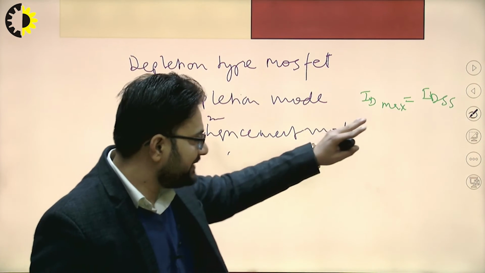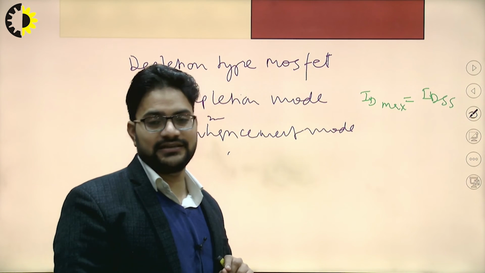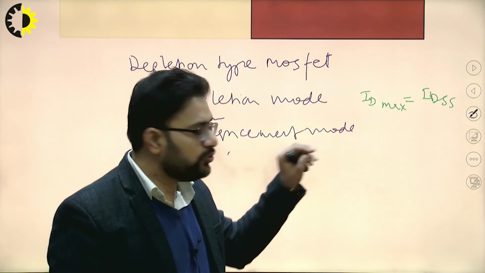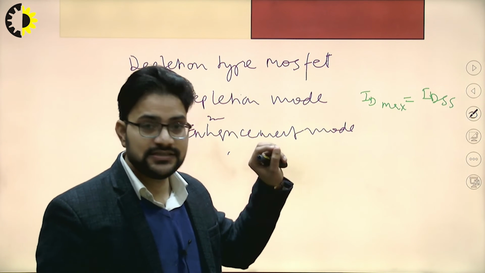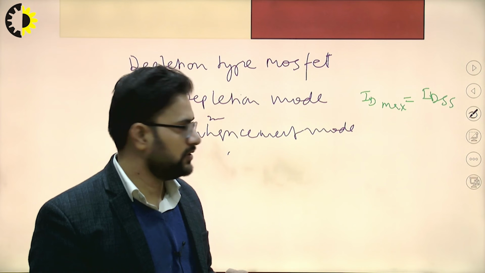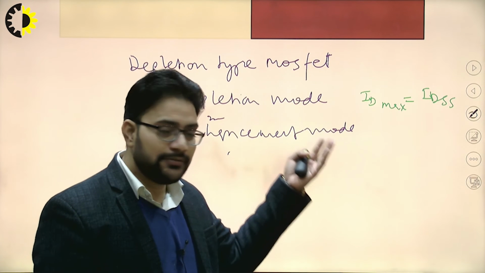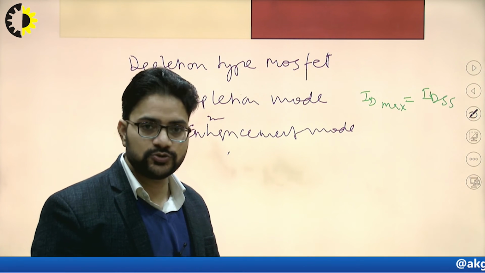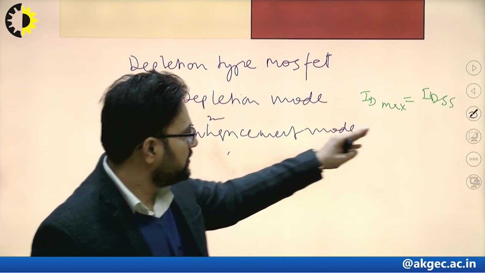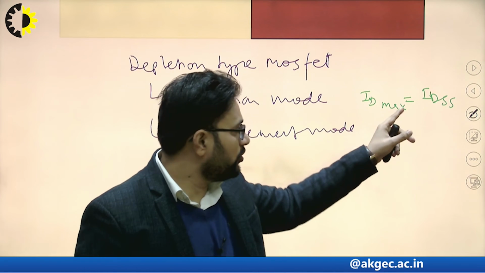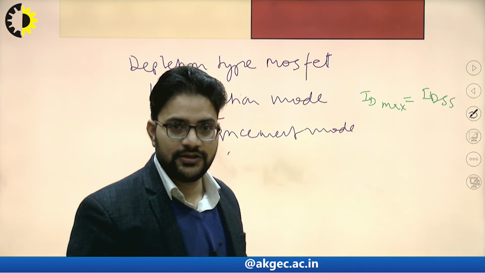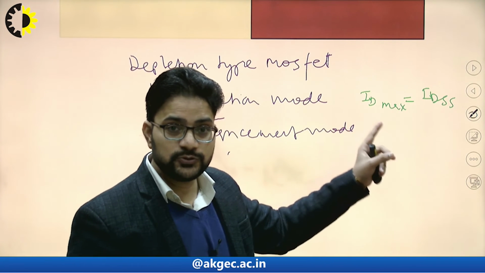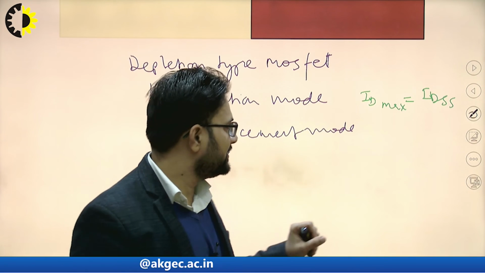So this IDSS is the maximum drain current that flows whenever gate to source voltage is 0, right? Because maximum number of charge carriers are reaching from the source to the drain. Now this IDSS is called the drain to source saturation current. It is also called the drain to source short current, right?